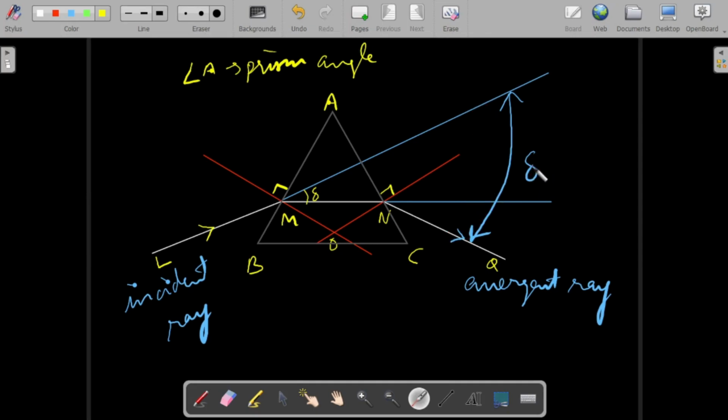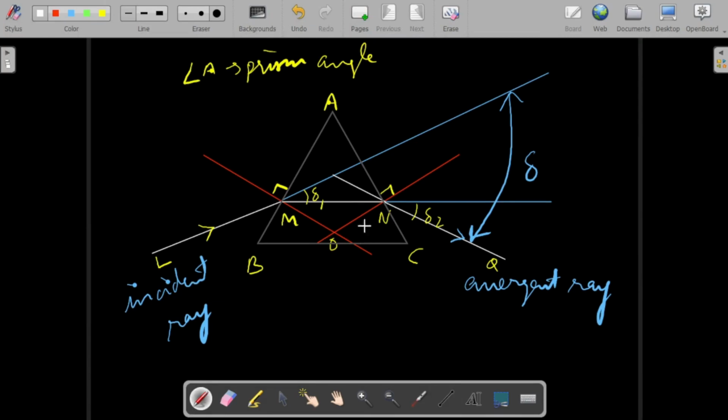I have represented it with the help of delta, and I am considering the first angle as delta 1, and this one as delta 2. Now if I extend this ray of light NQ backwards, I can draw this delta 2 somewhere here.